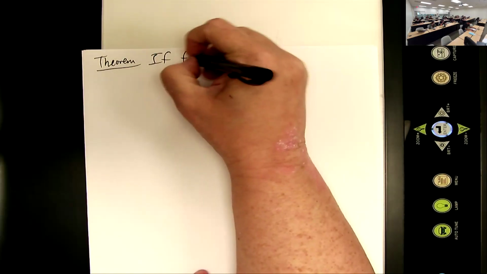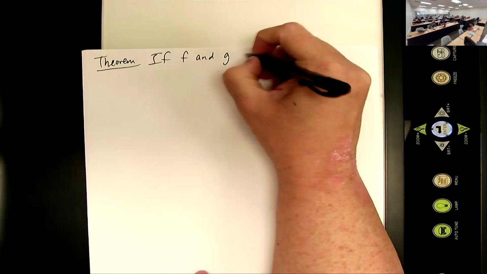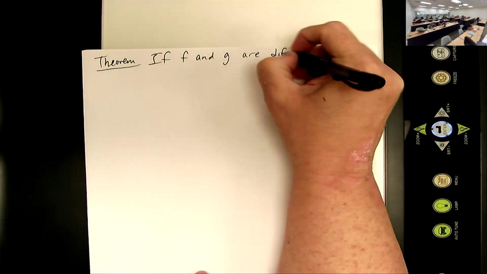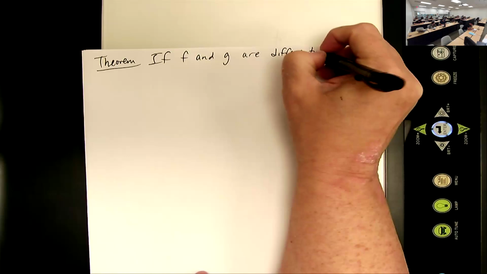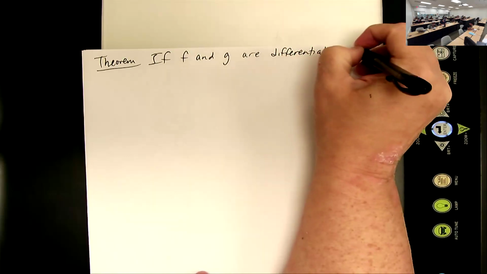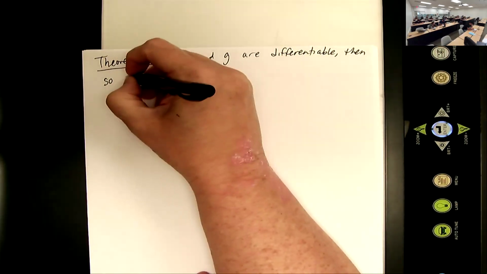If f and g are differentiable, then so are their sum and difference.